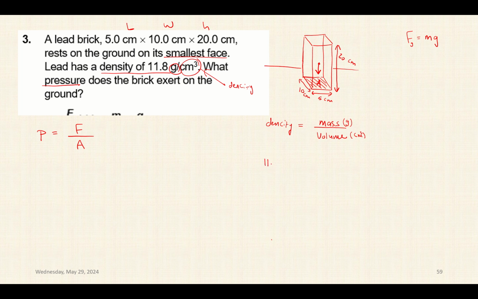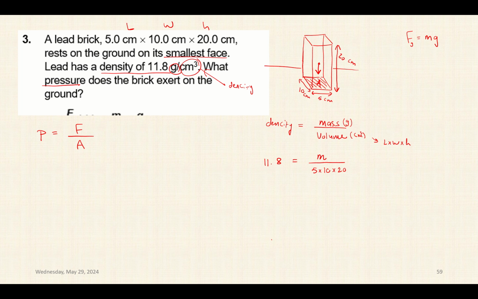The density is 11.8. The mass is the unknown, and the volume of the object is equal to length times the width times the height. So it is 5 times 10 times 20.